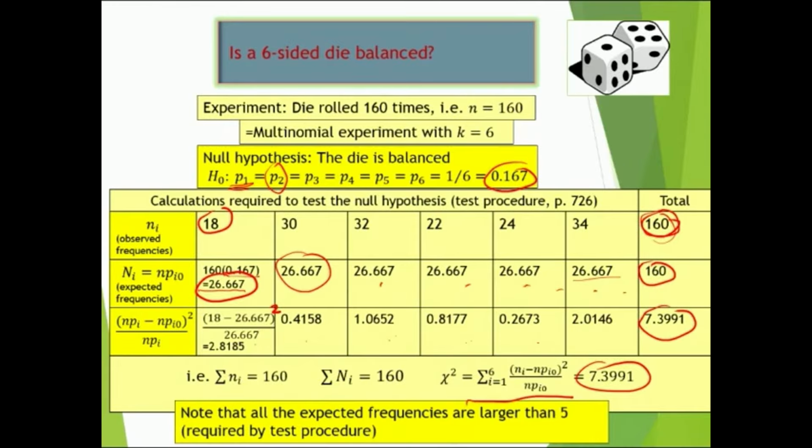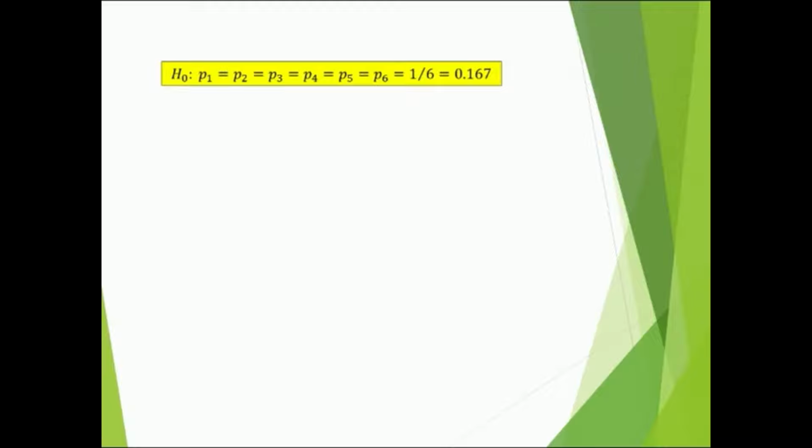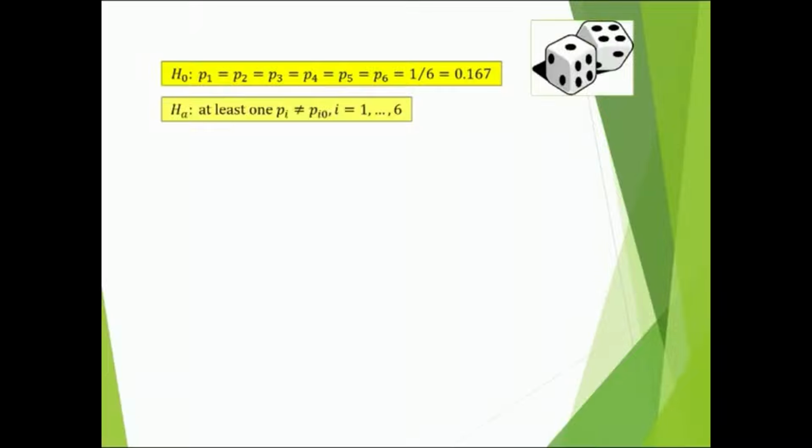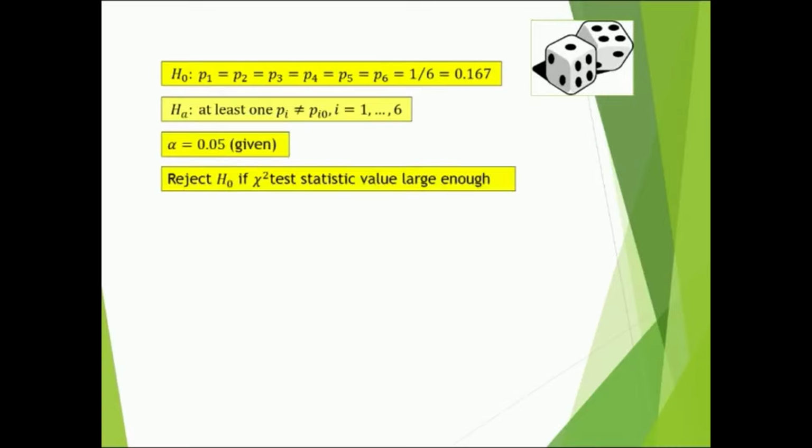So the complete test then. There's your null hypothesis, all probabilities being equal. That is implied by the fact that we want to test whether the die is balanced. When it's balanced, we know that those probabilities must be 1 over 6. And the alternative is that at least one of the probabilities is not equal to 1 over 6. Alpha of 0.05 is given. We will reject the null hypothesis if the chi-square test statistic value is large enough.